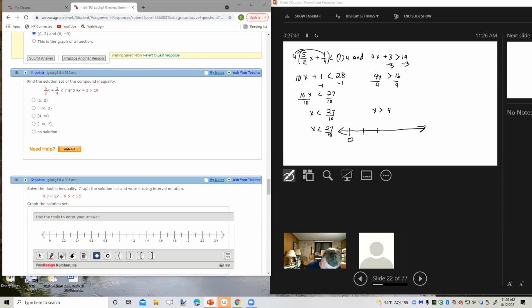So 1, 2, 3, 4, 2.7. So it'd be right about there. Okay. And then x greater than 4 would be there. Okay. So where do these intersect? They don't intersect, so there's no solution.